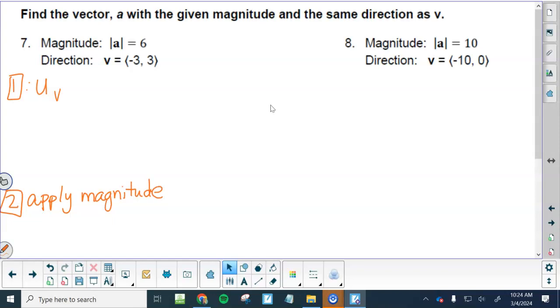So remember, to find the unit vector is the pointy form divided by the magnitude. So we're going to take the pointy form of the given vector, and we're going to divide it by its own magnitude. So it's going to be negative 3 squared plus positive 3 squared.